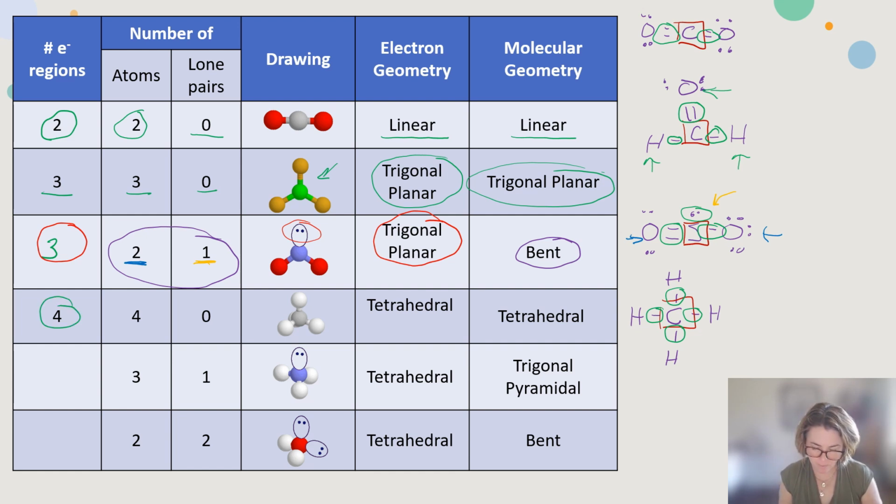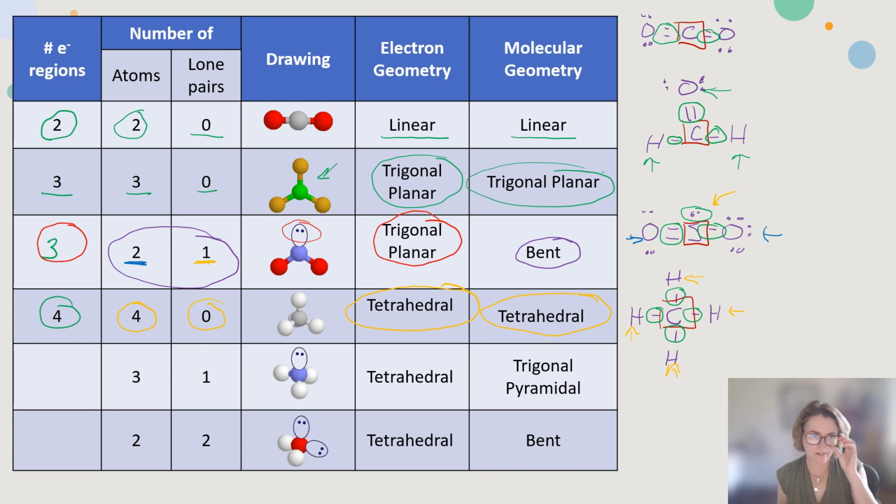Now if I count up all of the atoms around that central atom, I have 4 hydrogens around that central atom. So I have 4 atoms, 0 lone pairs. That is going to make my electron geometry tetrahedral, and that is also going to make my molecular geometry tetrahedral.